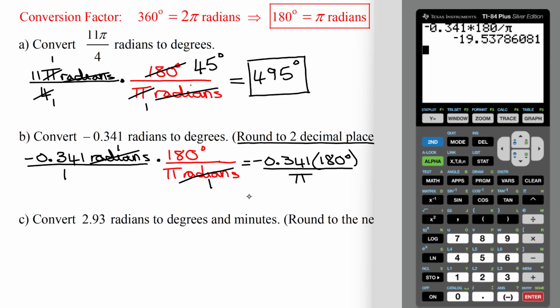So my answer is negative 19.53786, etc. I need to round to 2 decimal places. That's the 3. The 7 is going to round it up. So my answer is negative 19.54 degrees.